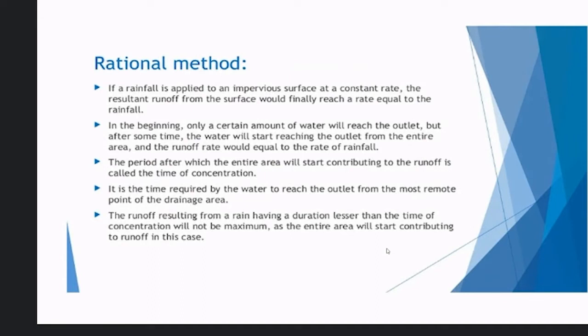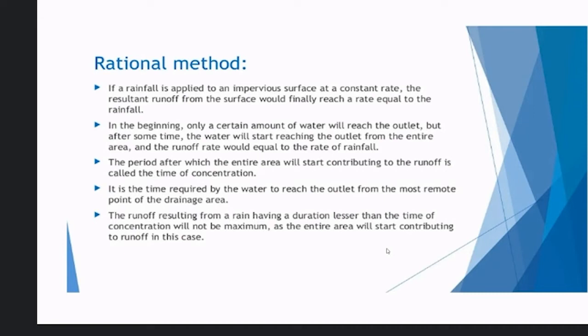For the rational method, if rainfall is applied to an impervious surface at a constant rate, the resultant runoff from the surface would finally reach a rate equal to the rainfall. In the beginning, only a certain amount of water will reach the outlet, but after some time, the water will start reaching the outlet from the entire area and the runoff rate would equal the rate of rainfall.